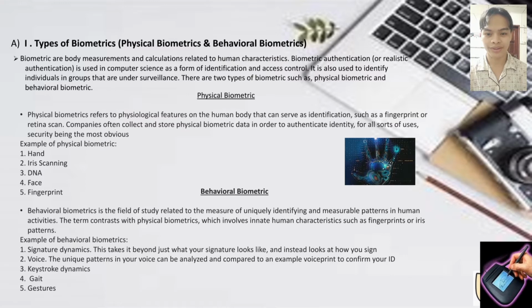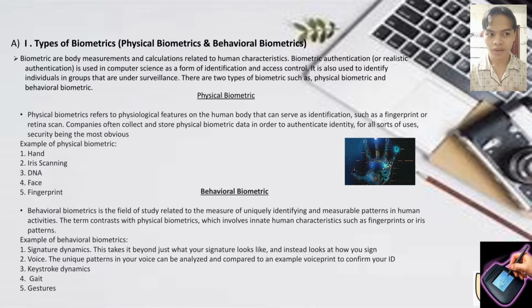Companies often collect and store physical biometric data in order to authenticate and identify for all sorts of uses, security being the most obvious. Examples of physical biometric: first, hand; second, iris scanning; third, DNA; fourth, face; and last is fingerprint.